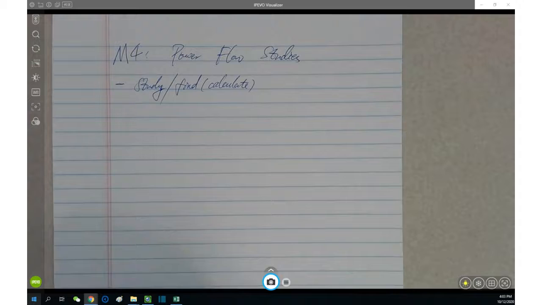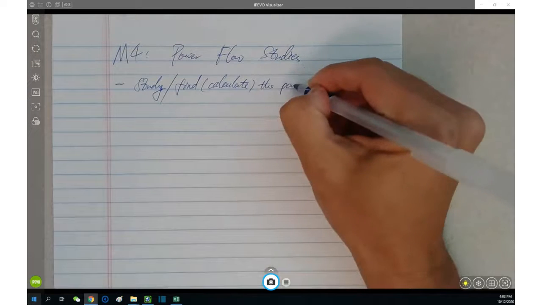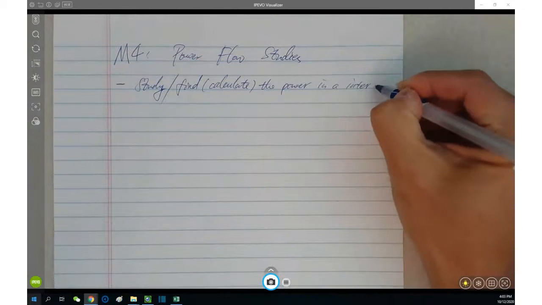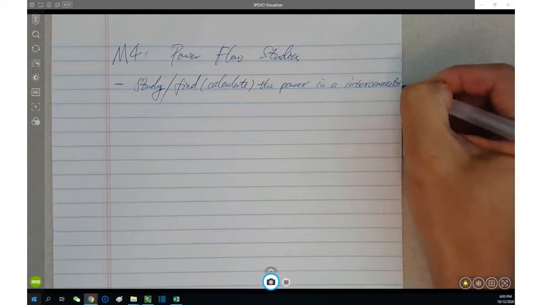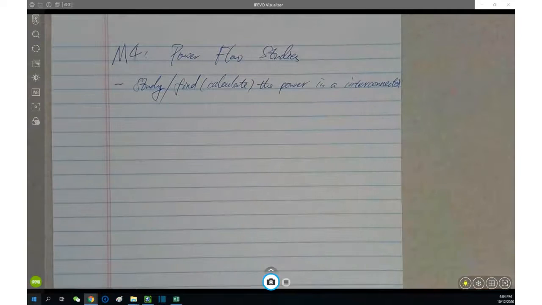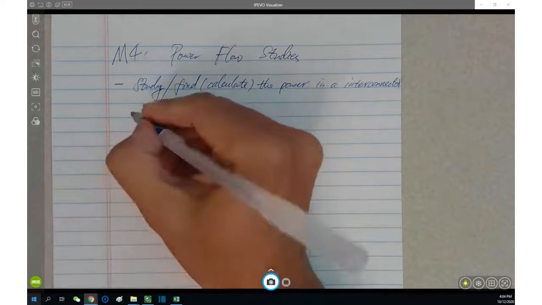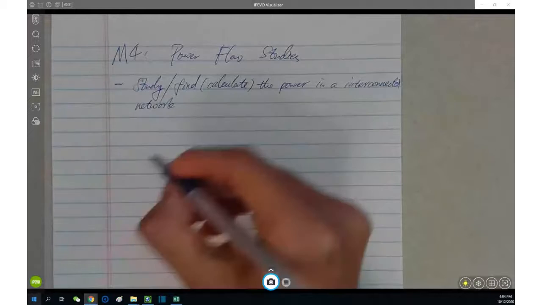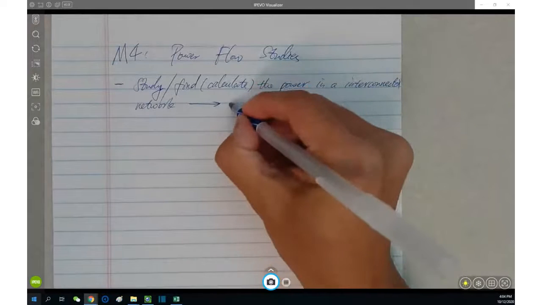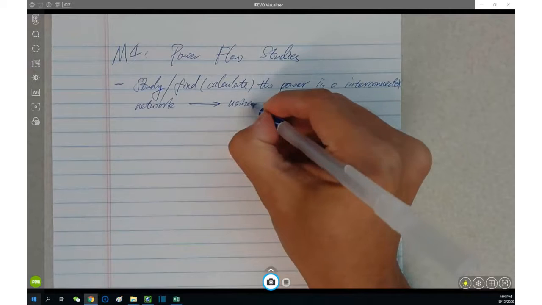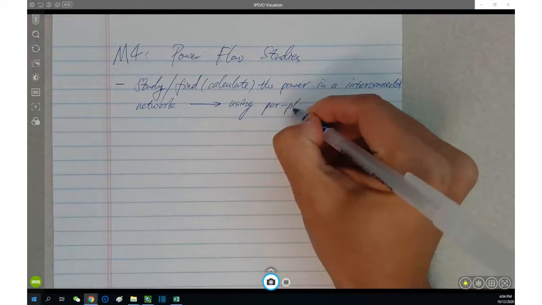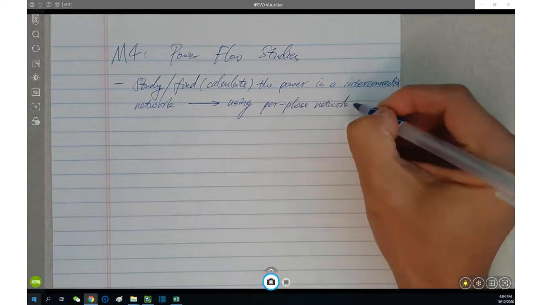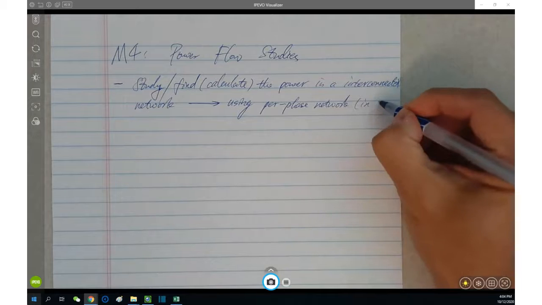The power in an interconnected network, using a per phase network in per unit.